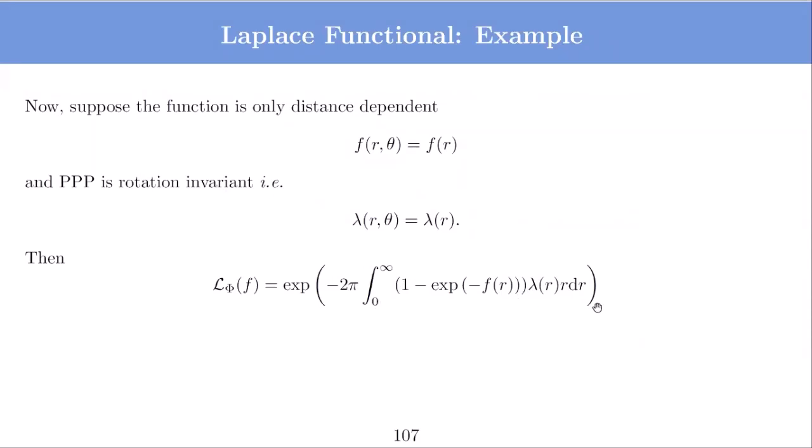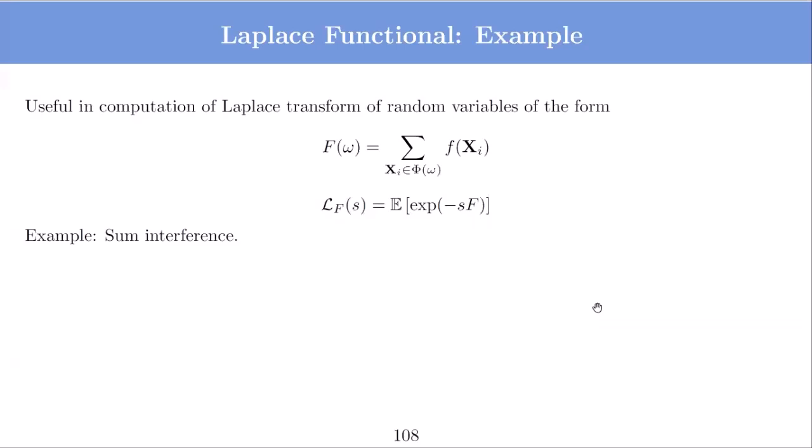So let us see an example of this Laplace functional. It is very useful in computation of the Laplace transform of random variables of the following format, where you go to each point, compute a function, and take the summation. If you notice, this is a function of omega, because it depends on the outcome. So the whole summation depends on the outcome. So this is nothing but a random variable.